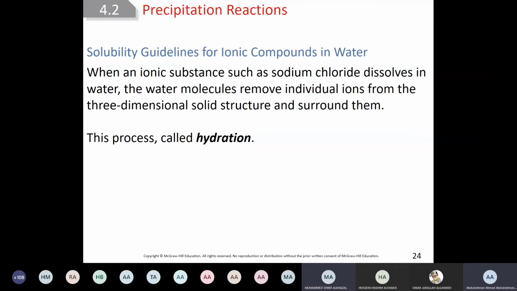Now, when you take anything and dissolve it in water, for example, if we take sodium nitrate and dissolve it in water, what will happen? You're going to have Na plus and NO3 minus, and you'll find that the Na plus is surrounded by water molecules.